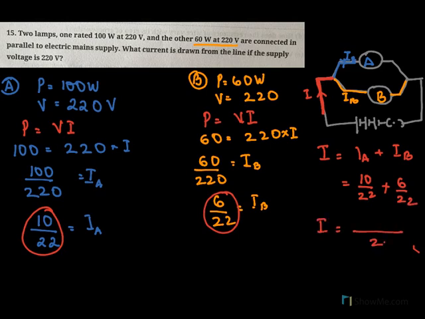So the total current here will be 10 plus 6 over 22, which is 16 over 22 amperes. So the total current drawn here will be 16 over 22 amperes. Or we use the formula I equals I1 plus I2 in parallel.